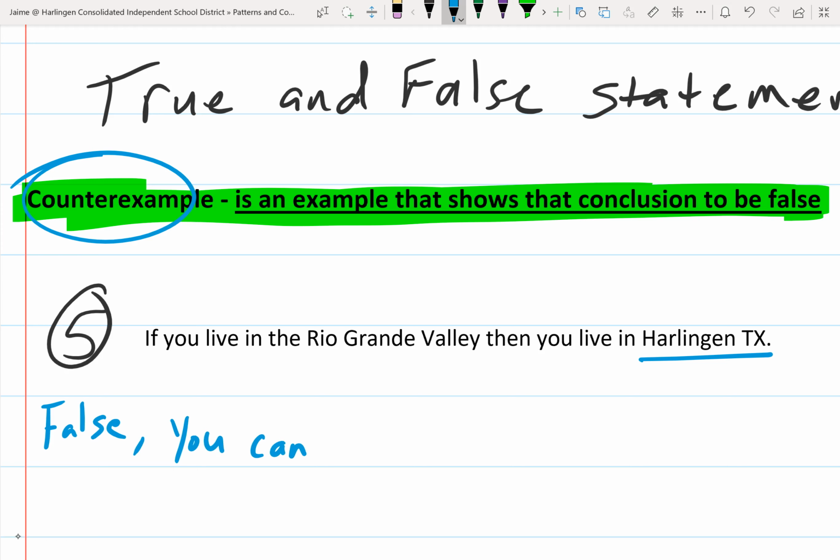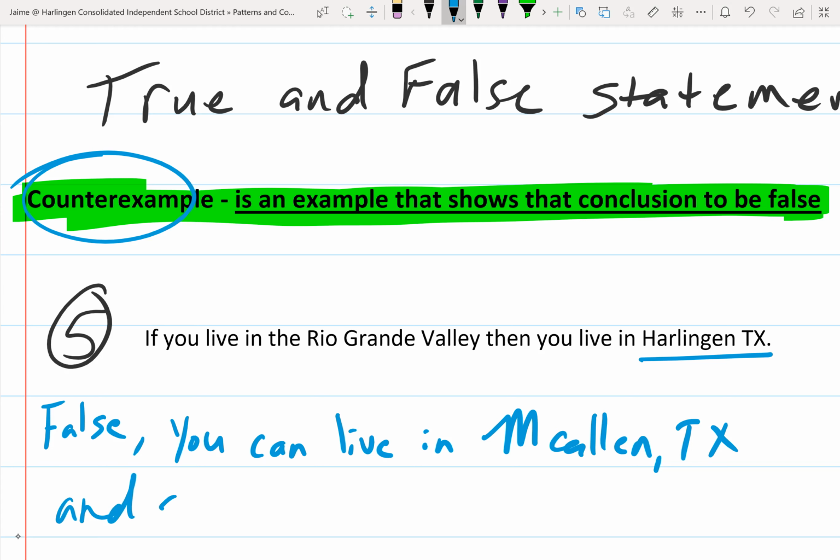You can live in McAllen and still live in the Rio Grande Valley. Right?